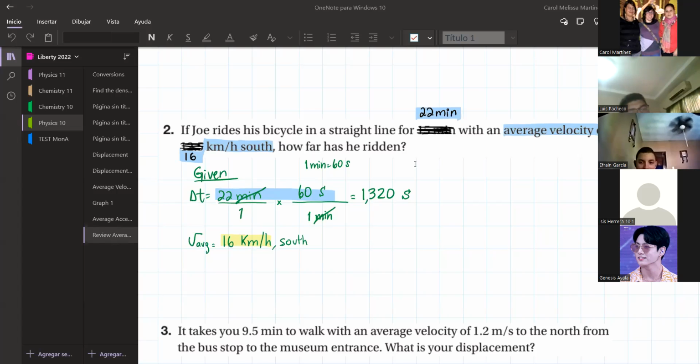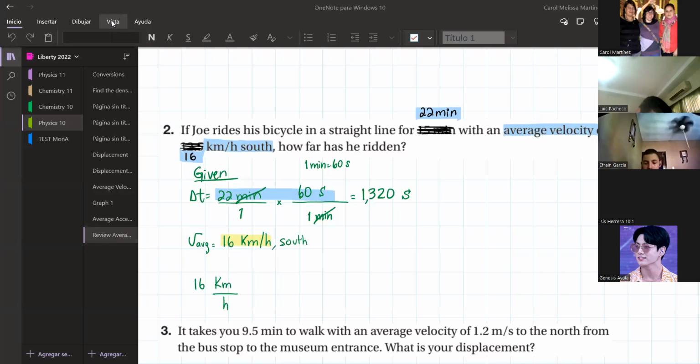So what I do in the first place is write it in the form of a fraction, just on a separate sheet of paper. 16 kilometers per hour. You write it as a fraction: the 16 and the kilometers in the top, and the hours in the bottom.